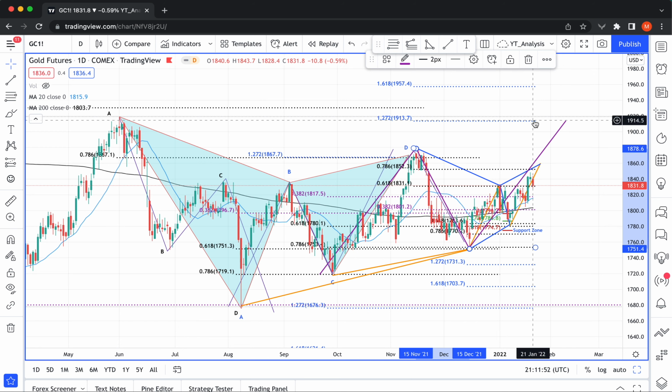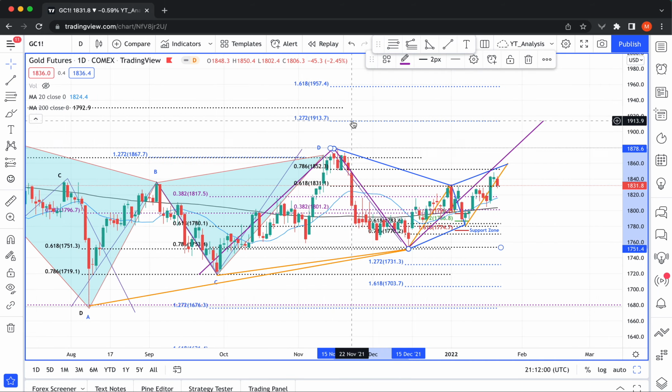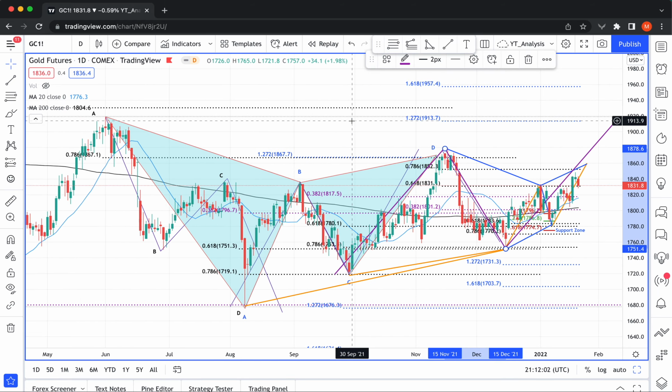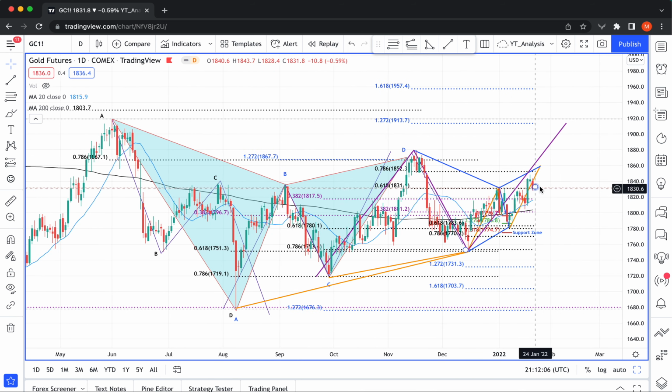That's very close to the highs formed at 1916 back in June of last year. This is going to be really bullish for gold, and the next target is going to be around 1957.